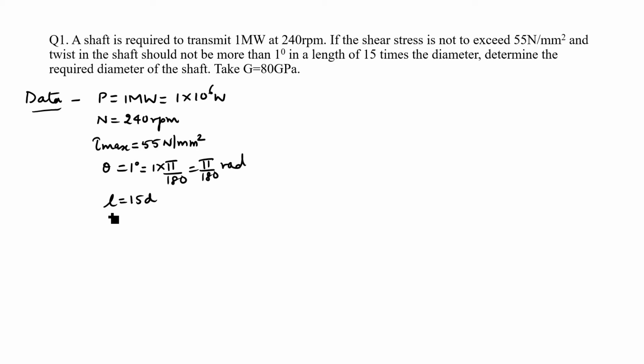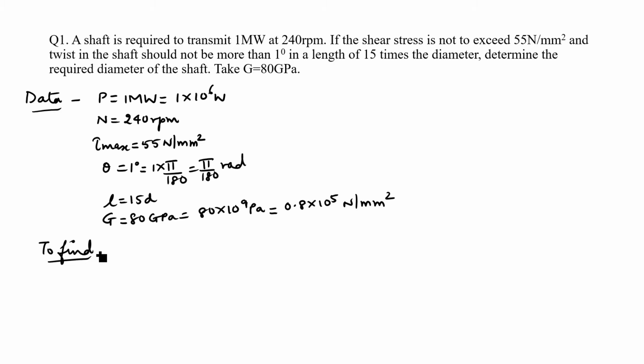Take the value of G as 80 gigapascal, which is 80 into 10 raised to 9 pascal, and when you convert this into Newton per mm square, it will be 0.8 into 10 raised to 5. I have to find the value of d.